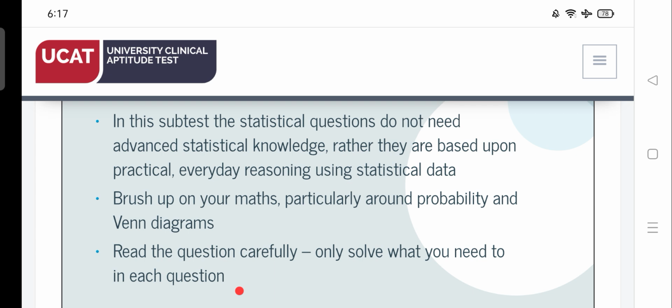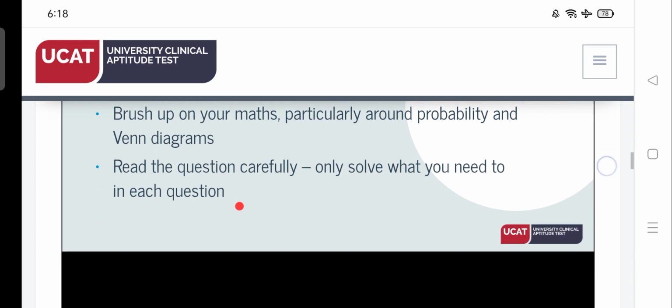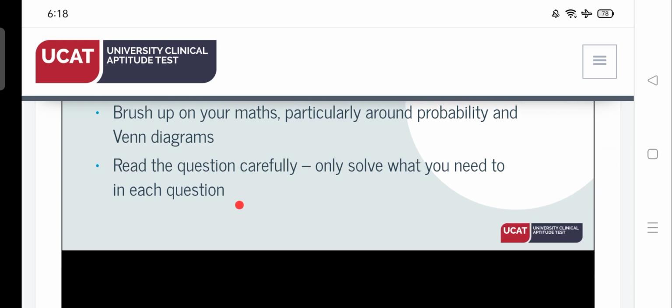So if you are not prepared for probability and Venn diagrams, just go and practice them. And the last strategy is that you have to read every question very carefully, so you will understand what they are asking for and what you have to solve with this information, and then you can reach your conclusion by understanding the question carefully.